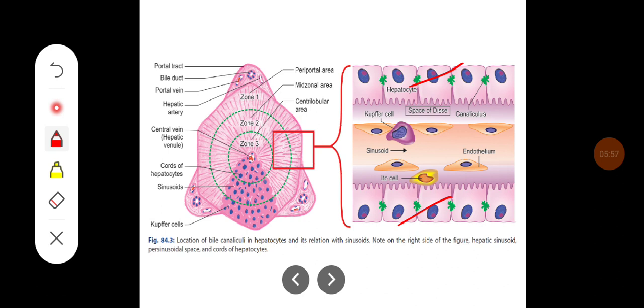This is a sinusoid between two hepatocytes, and between the endothelial layer and the hepatocyte, this space is called the space of Disse, and these are the bile canaliculi which are draining from each hepatocyte. This diagram shows the canaliculi of the hepatocytes in relation with sinusoids.